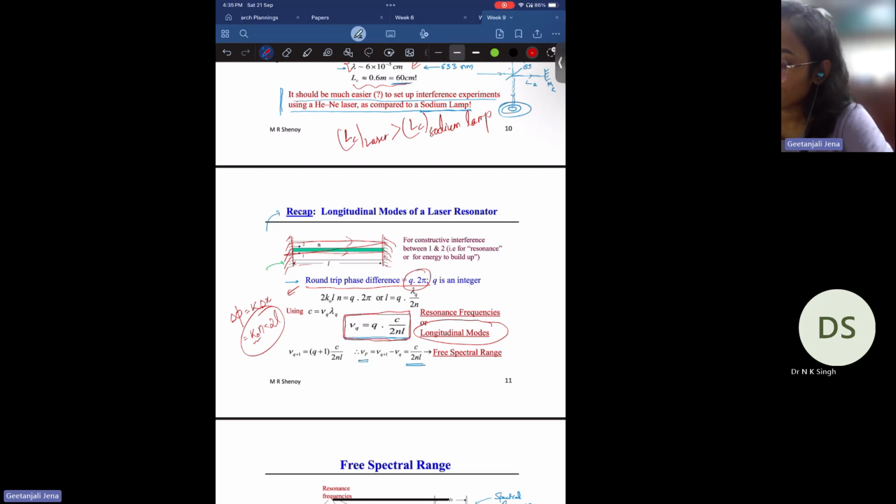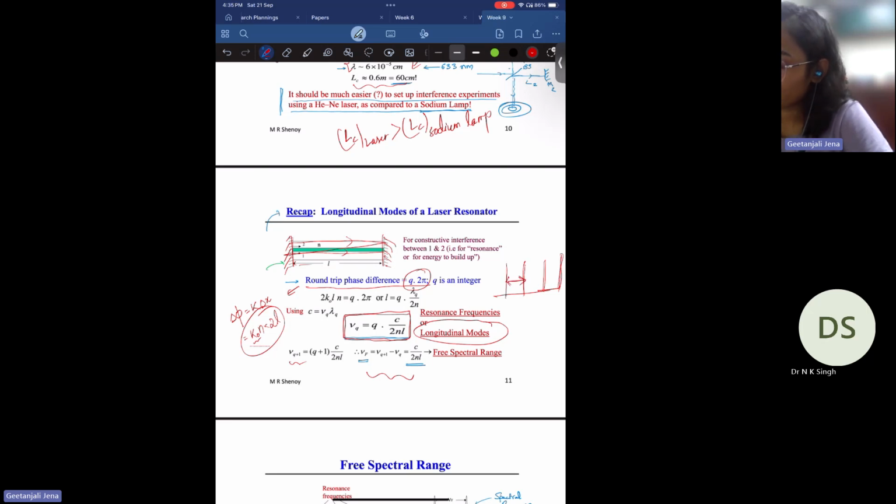These longitudinal modes you can also call cavity modes because they happen inside the cavity. By taking the next higher order mode, nu q plus 1, we calculated the separation between two consecutive modes. If you have different modes where the cavity will resonate, the separation between them is the free spectral range.